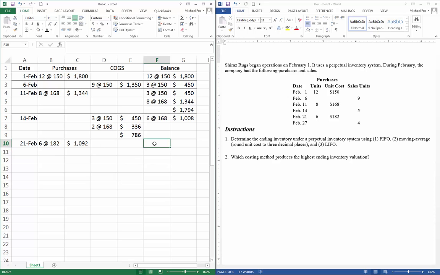So our new balance now is going to be 6 units that we paid $168 for, plus 6 units we paid $182 for. So our total balance then at the end of February 21st is $2,100.